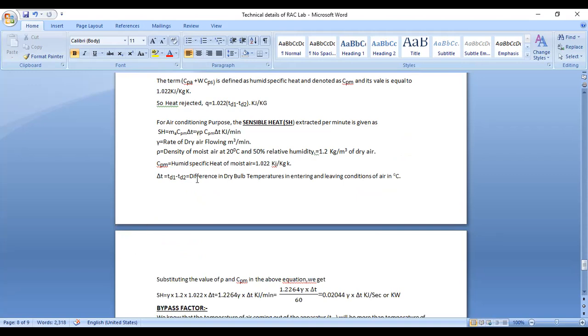So delta T, TD1 minus TD2, is the difference in dry bulb temperature of entering and leaving air.